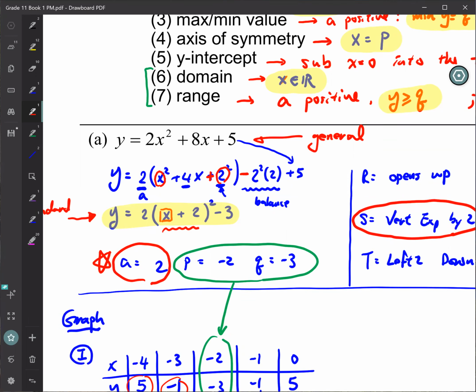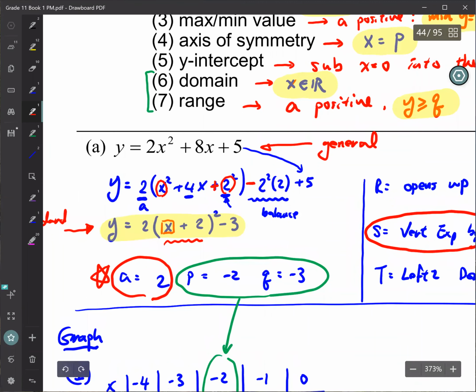Do you know how to factor A, divide by 2, and balance? Which number is the A here? Wouldn't it just be A and Q for the vertex?